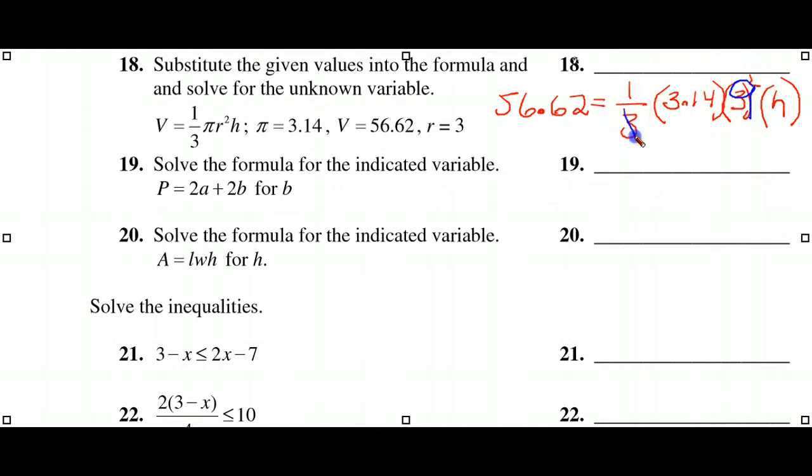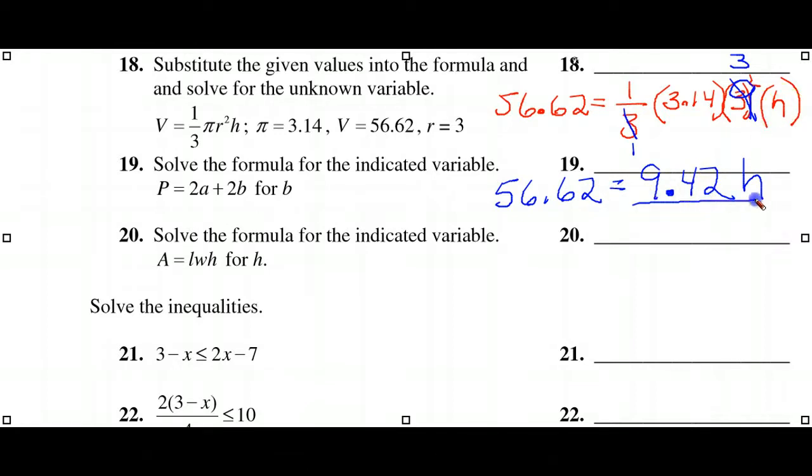And I can cancel the 3 and there goes once. 3 will go into there 3 times. So I'm left with multiplying 3 times pi gives me 9.42. H is the letter we don't know.